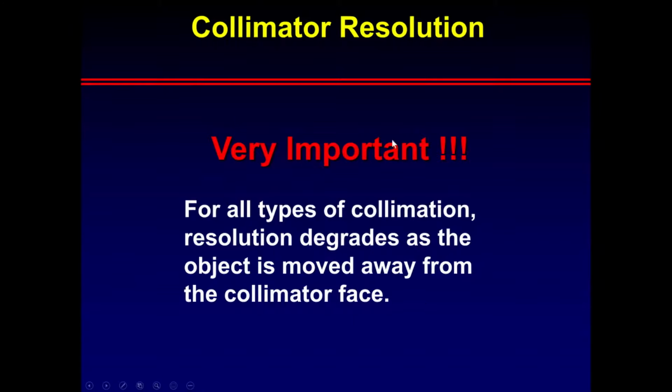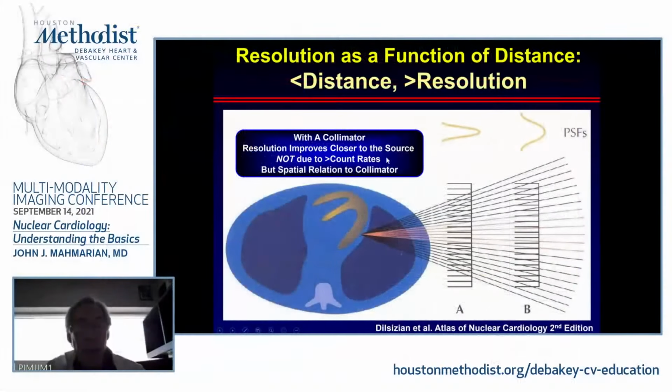And so here you have an example. This is with a collimator. Resolution improves when the patient's closer to the collimator as compared to further away, okay? So here you can see the collimator and the sodium iodide crystal, and look what happens to our point spread function here as compared to here. So you want to make sure the patient is closer.